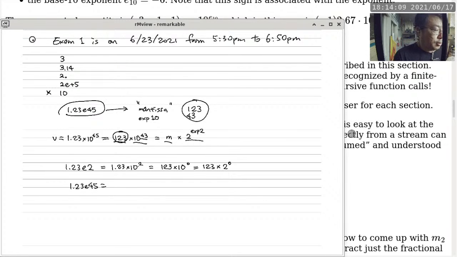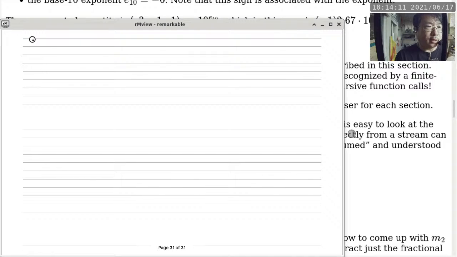So I'm going to switch to a new slide and talk about some of those important tricks. Let's start with division. The idea is we can use division in order to change the exponent, to try to reduce the exponent of 10 to a 0, because that's what we want to do.